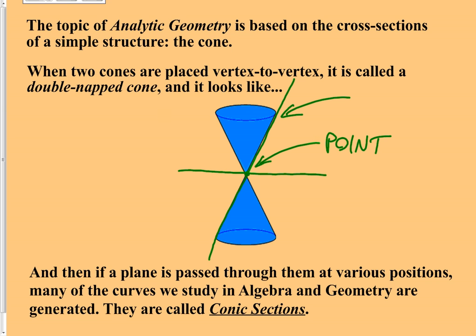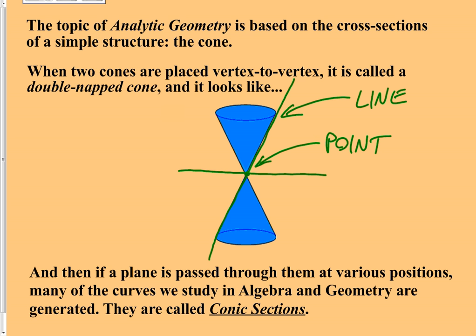It's not going to be an ellipse because it didn't actually get into the interior space of the double napped cone. It's not going to be a parabola because, again, it did not get into the interior space, so it can't pick up both lines or both legs of the parabola. So what exactly is it?